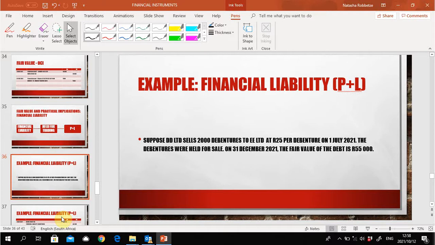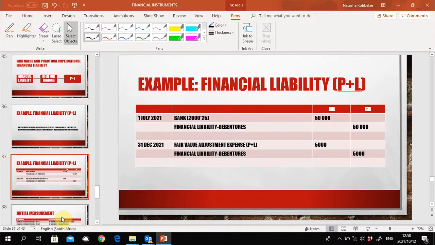So now you can see that the debt that we recognized was 2,000 times 25, which was 50,000, but now needs to be adjusted. The debt should be 55. So we increase it with 5,000, and the debit entry that goes with that credit is a fair value adjustment expense, because again, it's through profit or loss. Had it been the other way around, it would be you debit the financial liability and you credit fair value adjustment income, profit or loss.